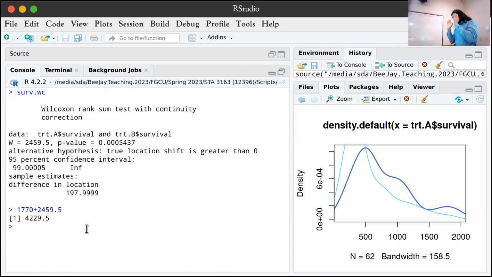Yes? Under the null, prior to doing this in R, we had the expectation of probably 3,599. I added 2 standard deviations, subtracted 2 standard deviations. Again, under the null, the null being the median survival time for treatment A is less than or equal to would be the reference.